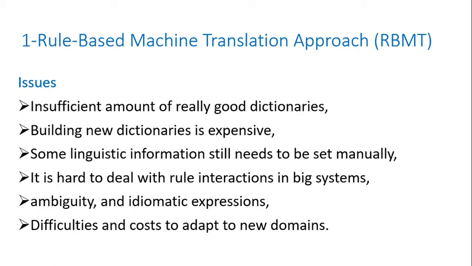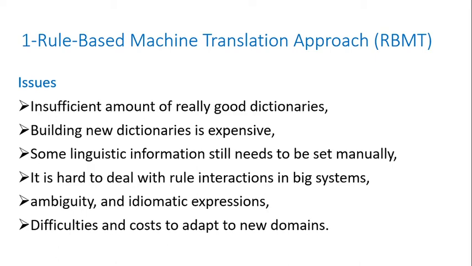Some linguistic information still needs to be set manually. The experiments that have taken place in this area tell us so, because just take the example of omission of "a". It is not the case that wherever there is "a" in English, it should be translated with the omission of "al". Sometimes it is the opposite.